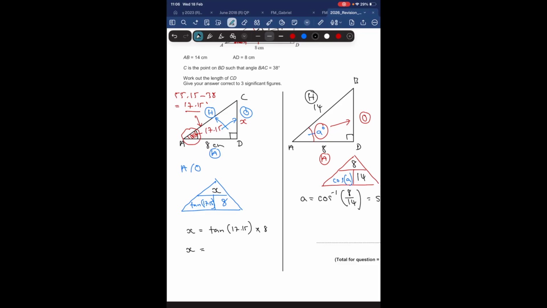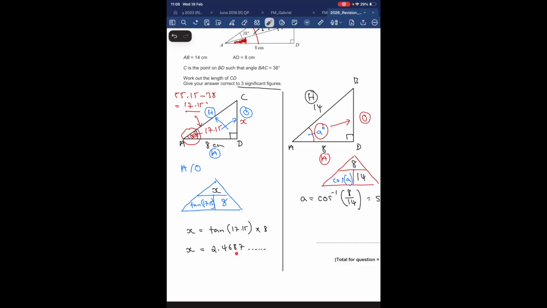And if we do that, we'll get a value of 2.4687, etc. Now they want this to three significant figures. The first significant figure is 2. The second significant figure is 4. The third significant figure is 6. We need to look at the fourth significant figure, which is 8.